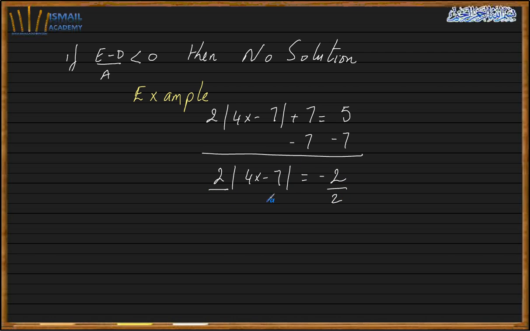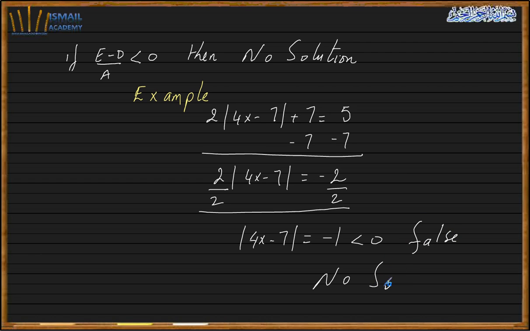Divide by 2 both sides. As you see, I solved for the absolute value and it equals minus 1, which is less than 0. Absolute value is positive. Minus 1 is negative. Positive cannot equal negative. So that means there is no solution. You just say false, no solution.